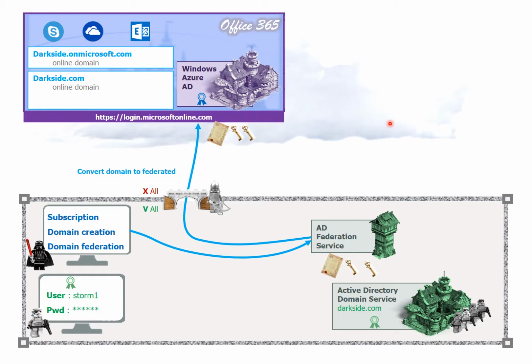The domain darkside.com is converted to federated, which means he will redirect users to the associated SAML token provider. For that, the admin saved the address of the SAML token provider, which is the ADFS. Note, this is the first and last time the ADFS and Office 365 were talking to each other. As we are going to see, all further communications will be handled by the user session, and they don't have to communicate to each other.